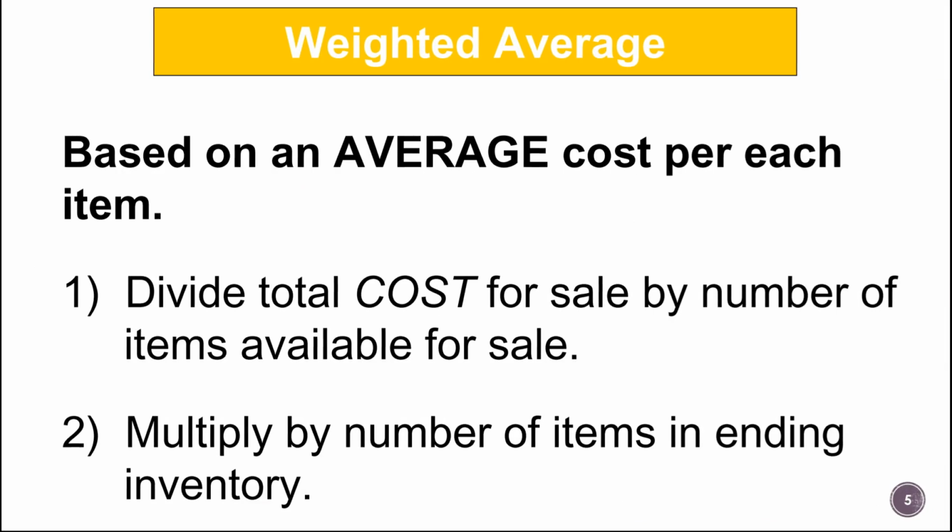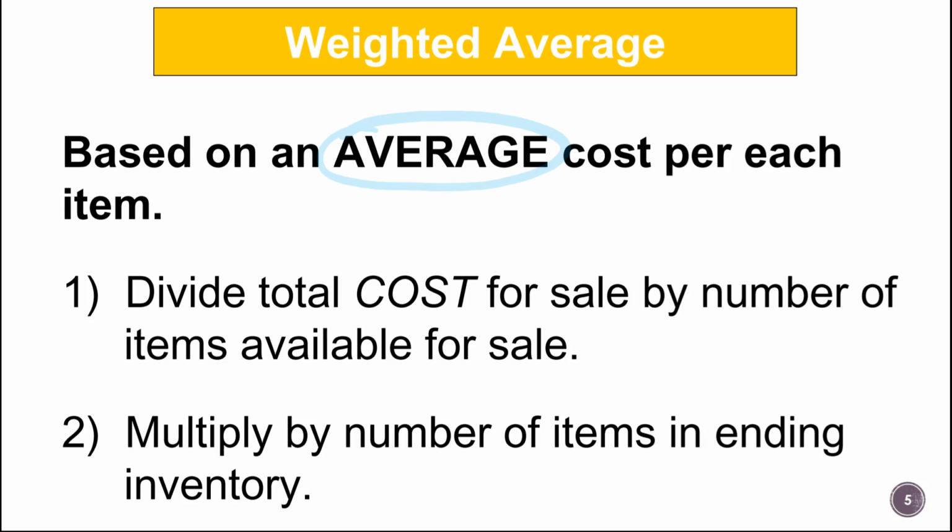So we're going to start with weighted average. This is based on an average cost per each item, the average cost per item. Because as they come in, you will see when we get to our chart, they cost different prices, but we're just going to find an average of all those prices.